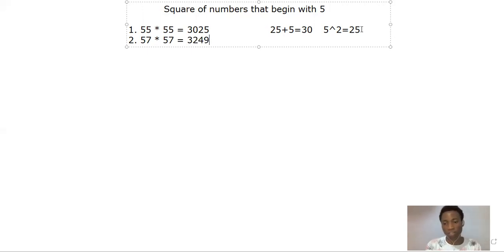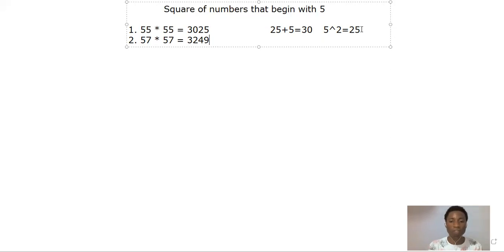So let me go through the trick again. I don't want to be writing every time. In this question, we want to do 57 squared, which is 57 times 57. We ask ourselves, what number do we have at the back of that 5? We have 7. I said the trick works with 25.